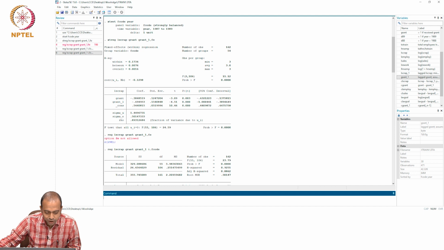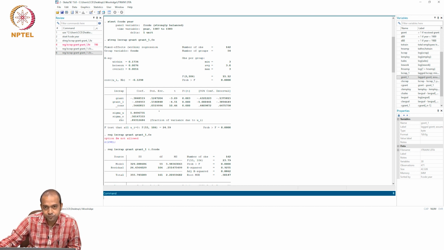We have also learned the significance of this F statistic, which is basically testing the presence of a significant amount of unobserved heterogeneity. There are still sigma u, sigma e and rho which we have not yet explained, which we will discuss in our next class.